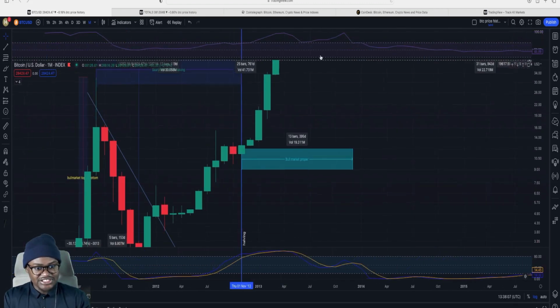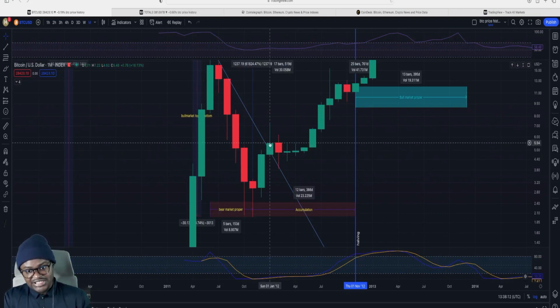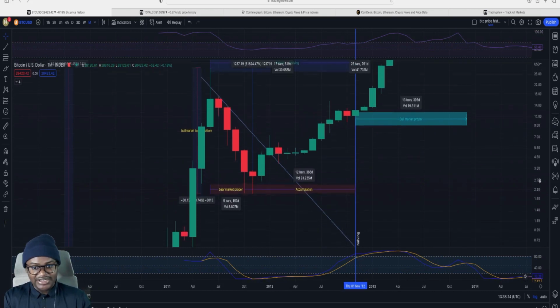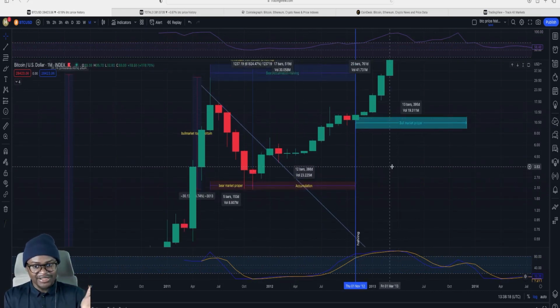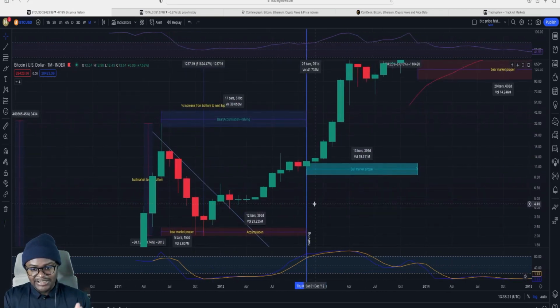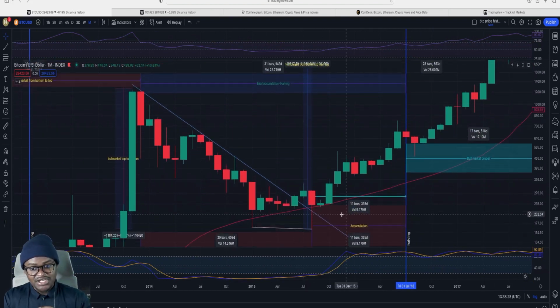If we go to 2012, I think this is 2012, 2013, yes, 2012, we see that we retested that trend line and we continued from there. We just rallied into the bull market. There was no other dump that came after that. So the 2015 scenario does make us understand that there is a possibility that we come back for that retest.